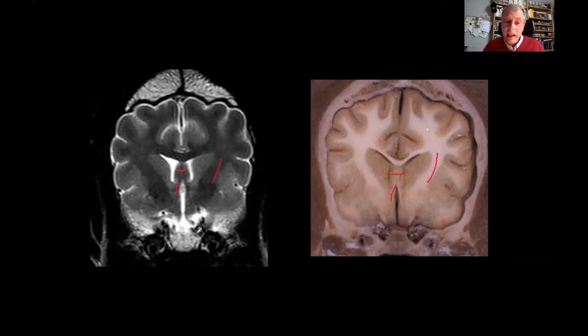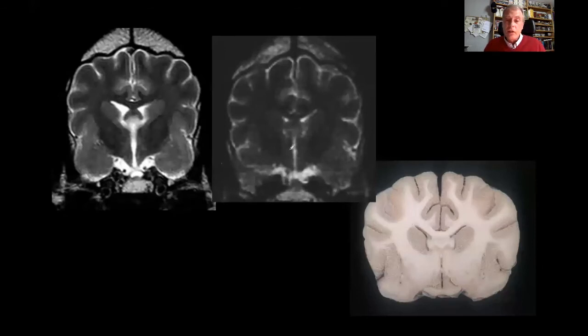And we are at the presphenoid bone here. So this white structure, as it is located caudal to the optic chiasm, corresponds to the beginning of the optic tract. Remember that the optic tract is the part of the optic pathways that runs from the optic chiasm up to the lateral geniculate nucleus.